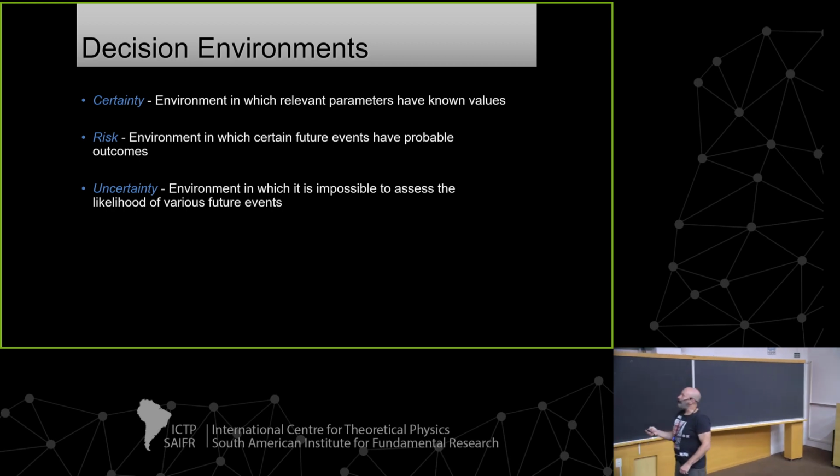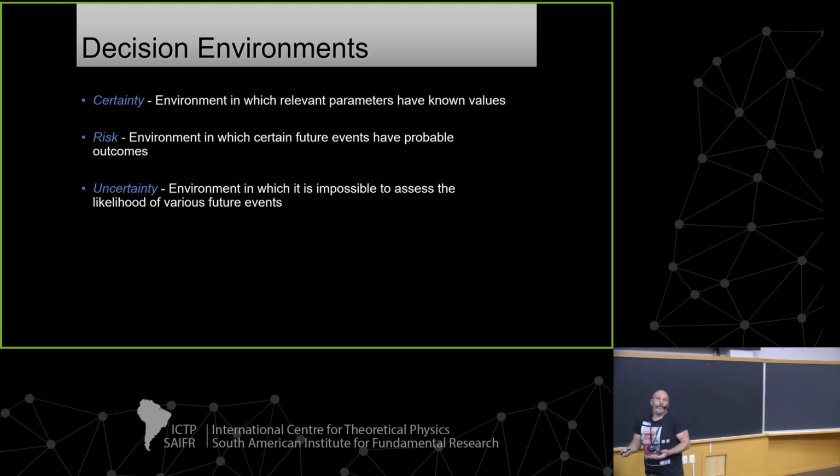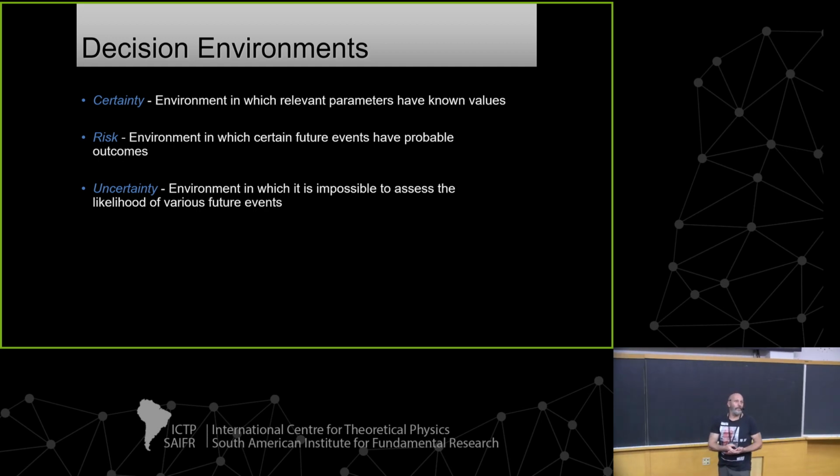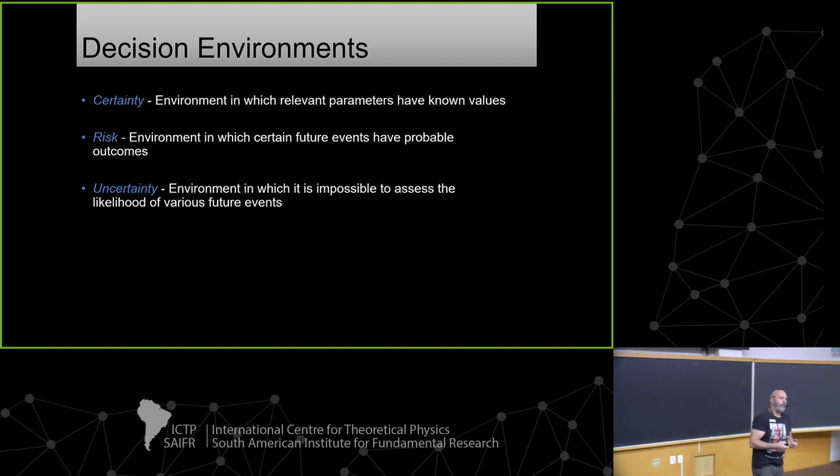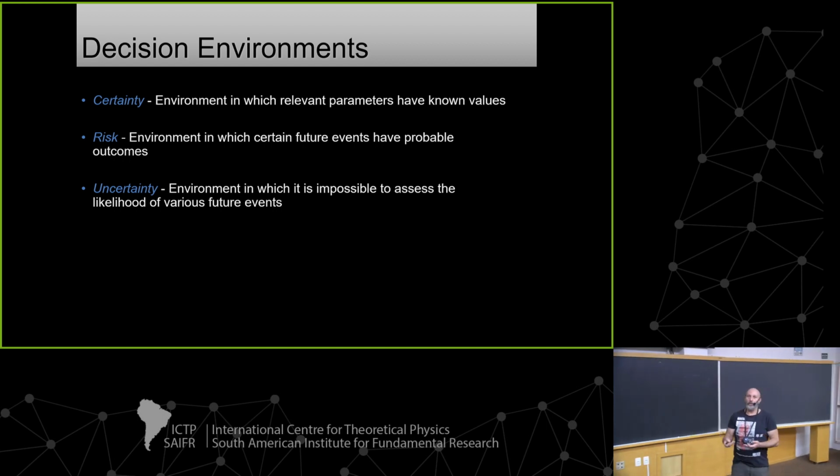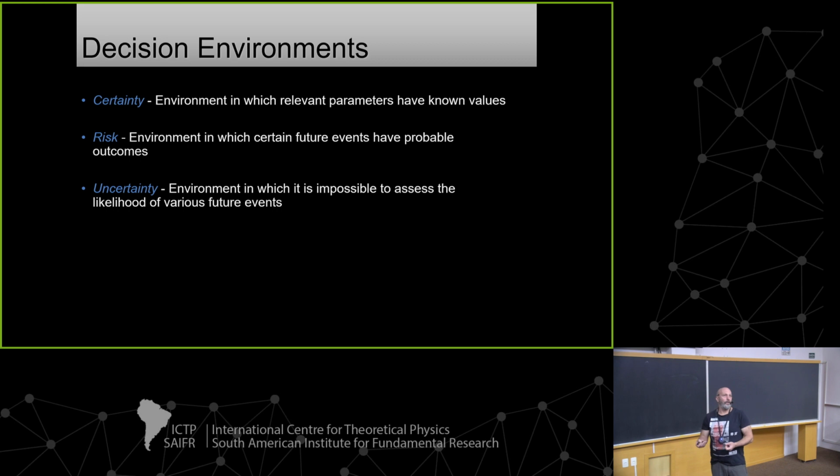So this is the best one, when I know exactly, I can predict the future. This is when I can predict the future with a given probability, and this is when I have no idea of what is going to happen. This is the worst scenario, and when I am facing it, I am not making a rational choice. It's just a guess, because I cannot use my rational abilities to make a choice, since I don't know what is going to happen.